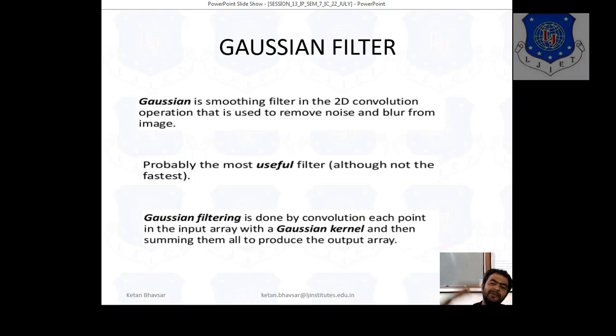So try to maintain PSNR and SNR as maximum as possible and RMSE and MSE as minimum as possible. It represents the error ratio. So I hope you are getting the idea about the Gaussian filter, median filter, mean filter and uniform filter. The averaging filter is also the same.